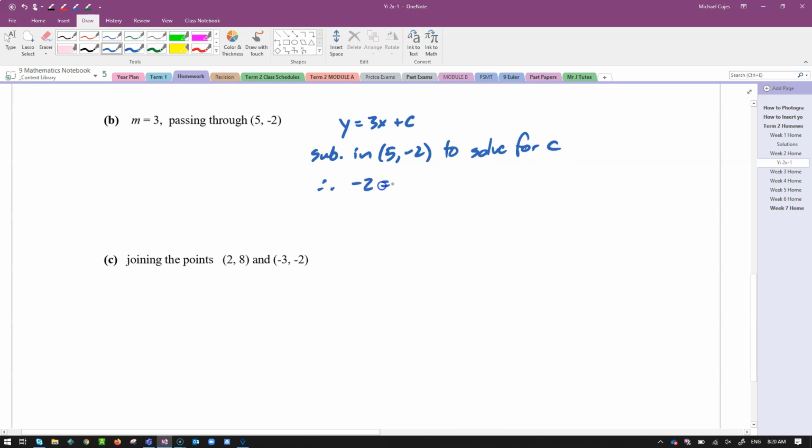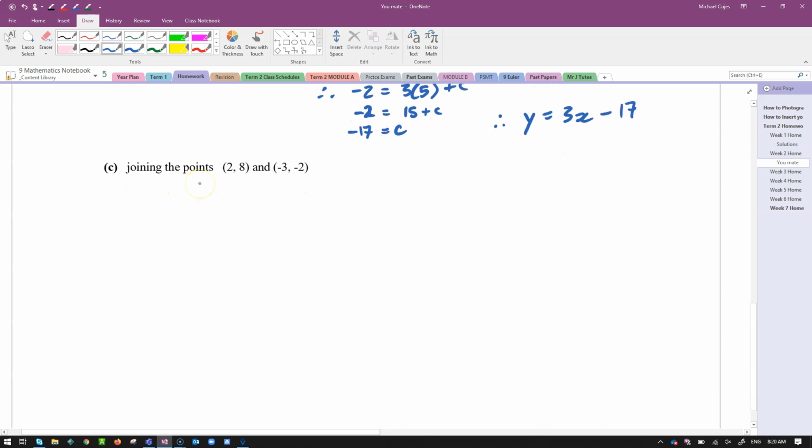Therefore, negative 2 equals 3 times 5 plus c. Negative 2 equals 15 plus c, subtracting 15 from each side. Negative 17 equals c, so the equation is y equals 3x minus 17.